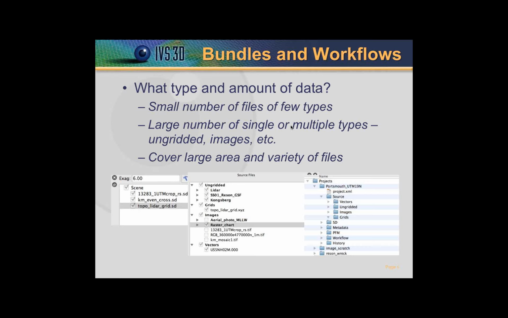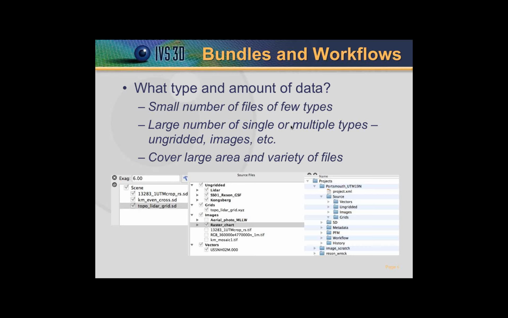Then you've got to look at, I think, do you have just a few objects you want to visualize, or do you have lots of data that you need to really manage? The other thing is, does it cover a large area and a large variety of files, and how do I need to manage that? And you can see on the left just a very brief look at a Fledermaus scene data objects list with 3 objects. Obviously very simple and a few objects, and we'll look at that scene.